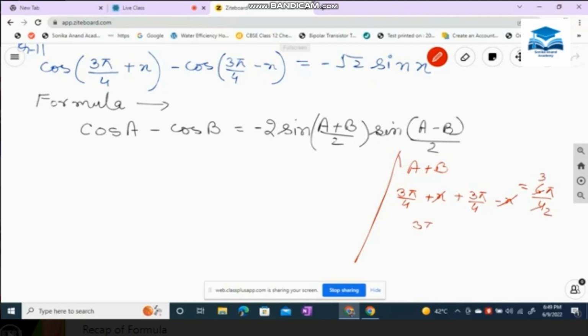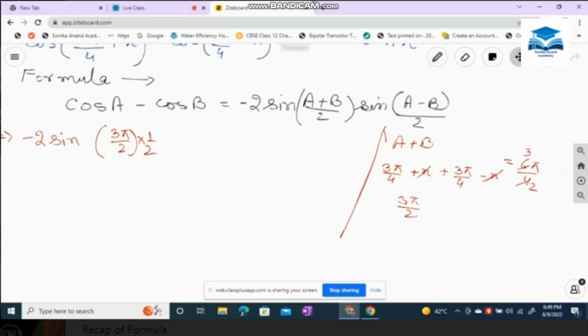A plus B becomes 3 pi by 2. So first we have to write minus 2 sine. Now here we find only A plus B, then A plus B by 2. So that means what we get? 3 pi by 2 into 1 by 2. Okay? Clear?